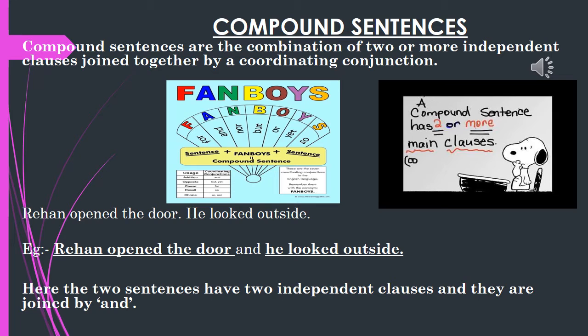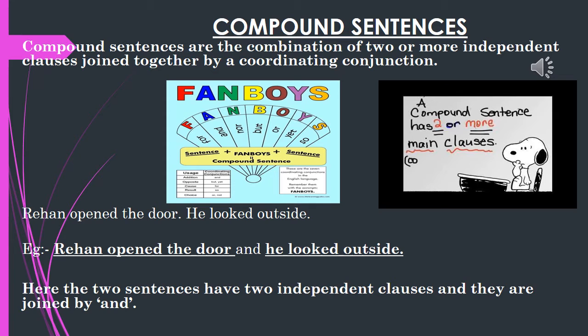See the example. Here we have two simple sentences. Rehan opened the door. That's the first sentence. Second one, he looked outside. We can join them by using a coordinating conjunction to make a compound sentence. Now see the example.